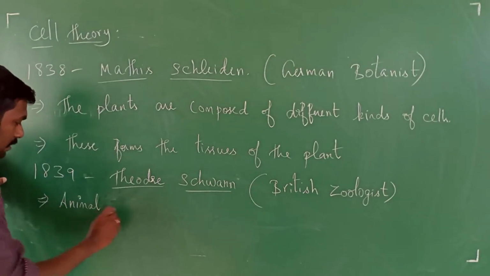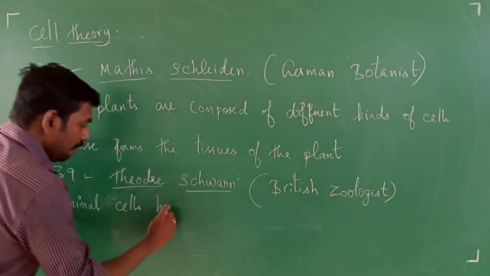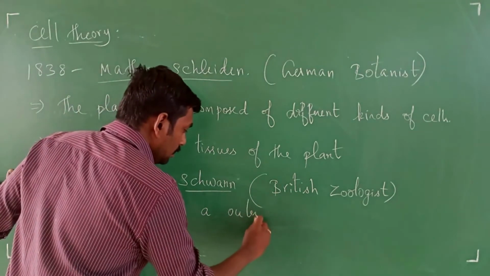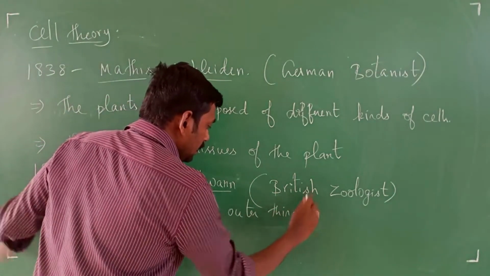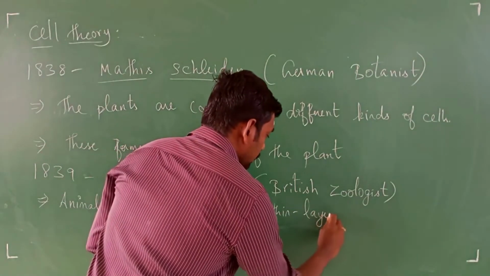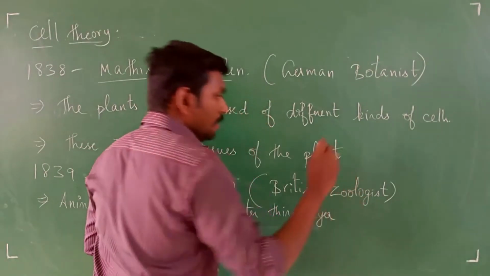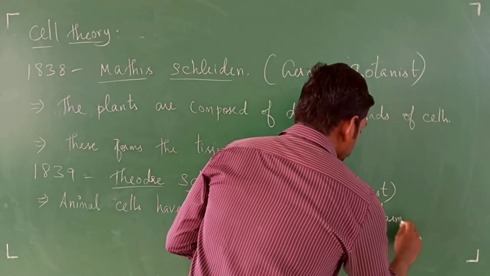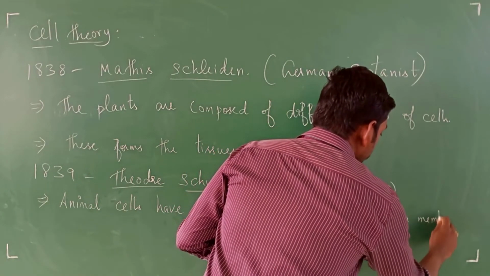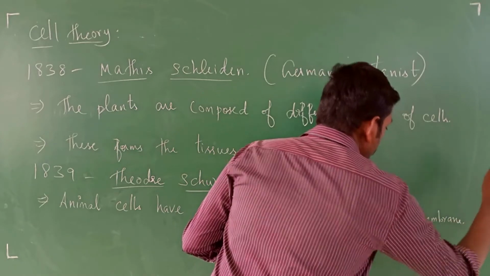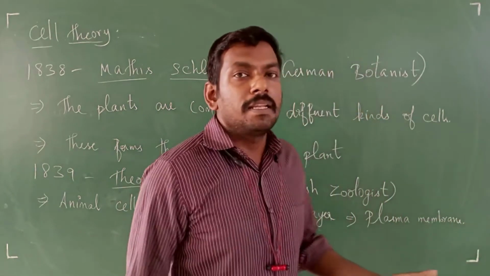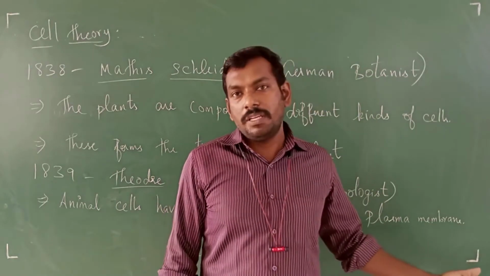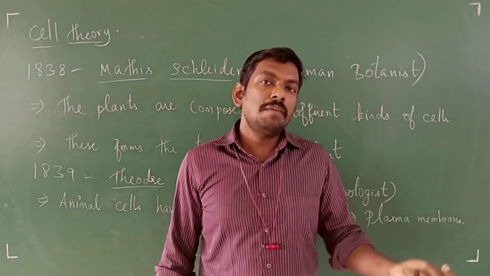Animal cells have an outer thin layer or membrane, which is called the plasma membrane. This plasma membrane is the outermost boundary of the animal cell.